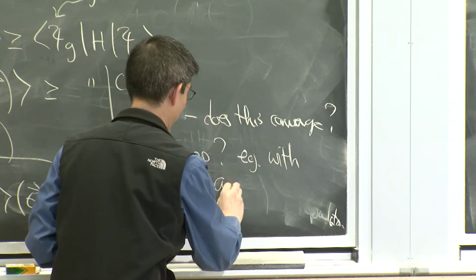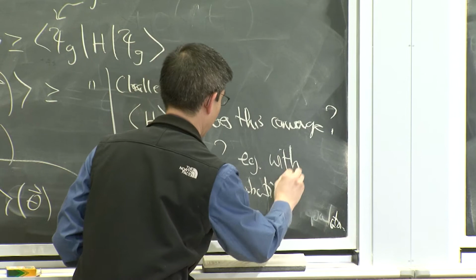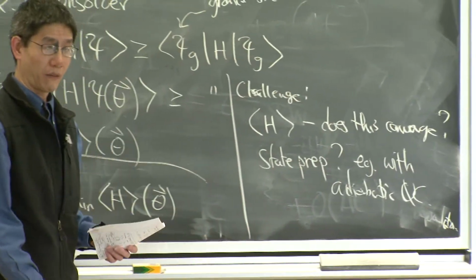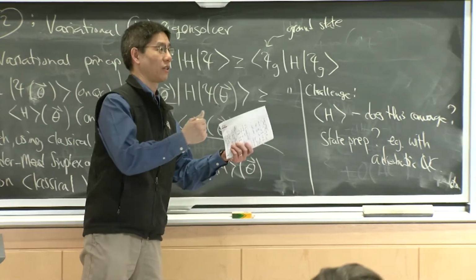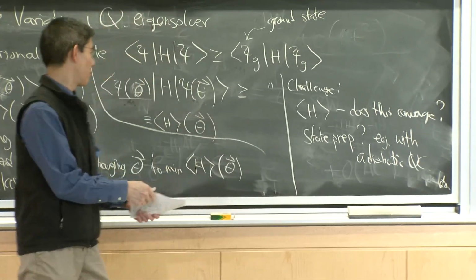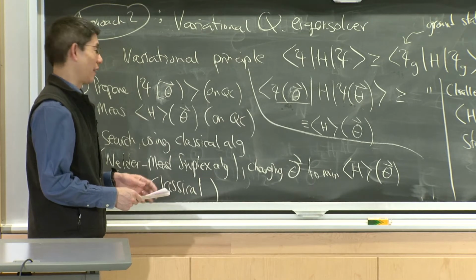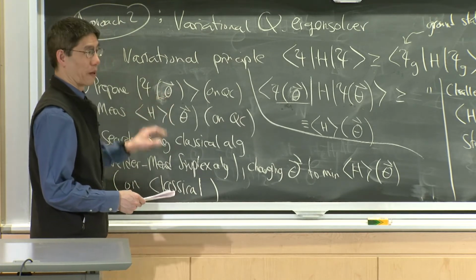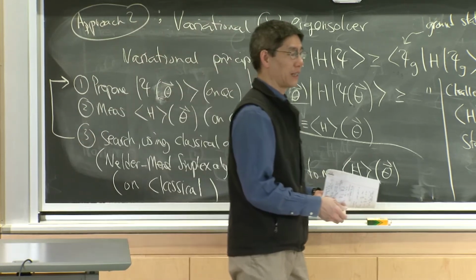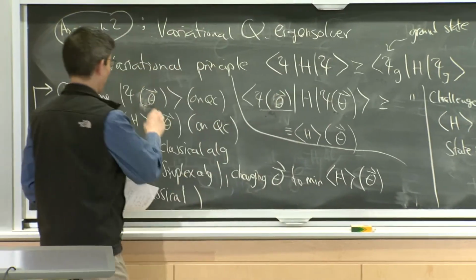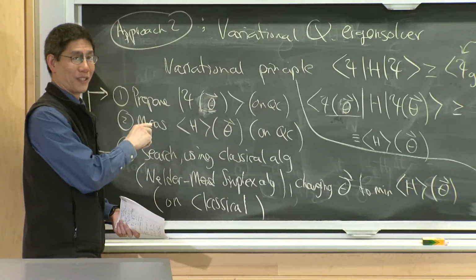For example, with adiabatic quantum computation, you start with a beginning Hamiltonian which you can create and try to construct an end Hamiltonian whose ground state is this state that you want to create. And since you have this parameterized, in principle, you have some means by which you can do that. This parameter, by the way, could be things, for example, like the adiabatic path that you use in the quantum computer.